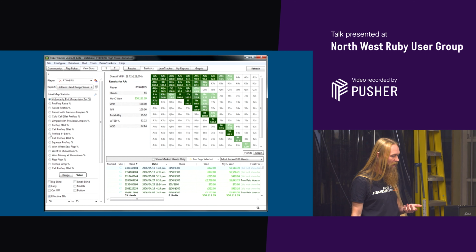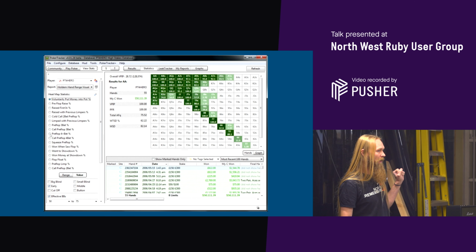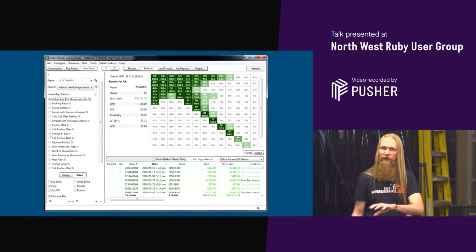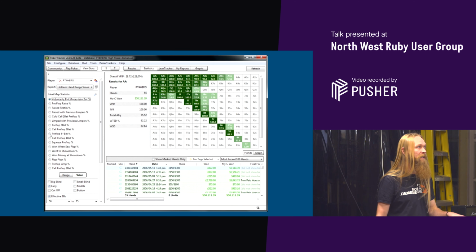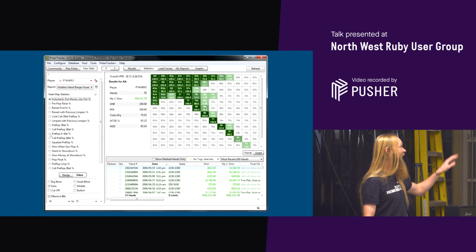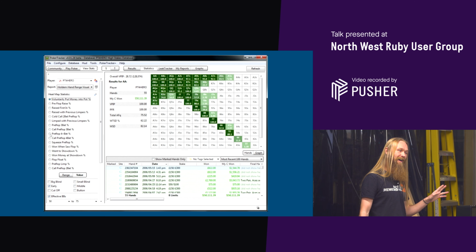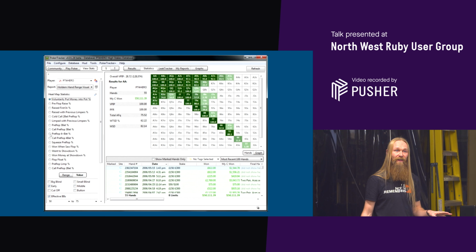They use a piece of software called Poker Tracker, most people do, which gives you a ton of ways of looking at the stats and the history of what you've played. And this is one such thing. I'm not going to go into what all of these terms mean. All I'm going to say is we've probably got more in software delivery and running a project. We just need to work out what's important to us and what we're looking at.